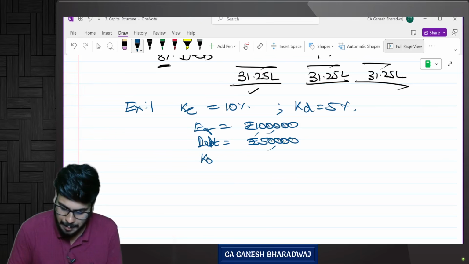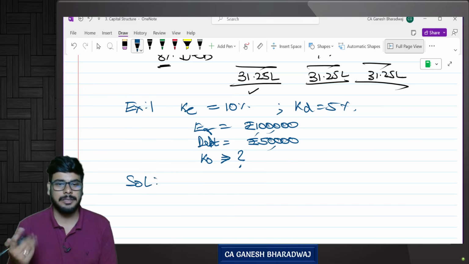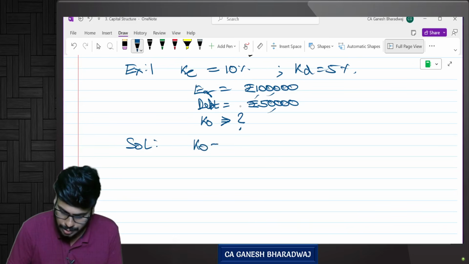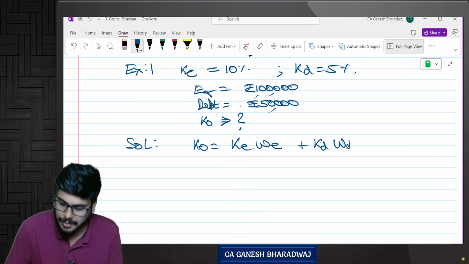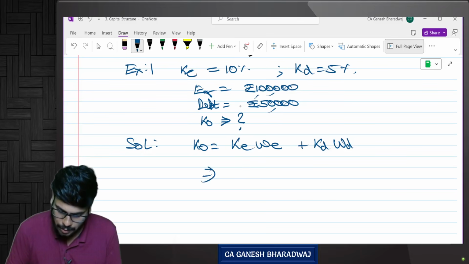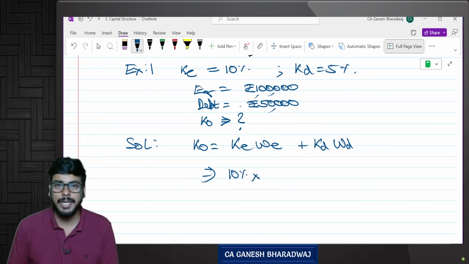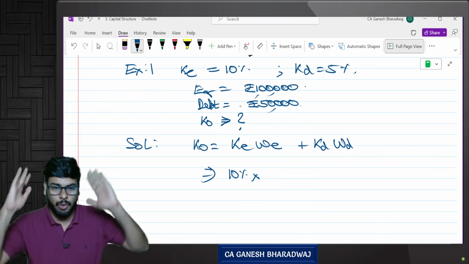Now, what will be my KO? We need to calculate KO. Now, can we calculate this? Yes, definitely. It's very easy to calculate. KO is equal to KE into weight of equity plus KD into weight of debt. Correct? So in this case, KE is 10% into weight of equity. 1 lakh plus 50,000, 1,50,000 is the total amount raised.